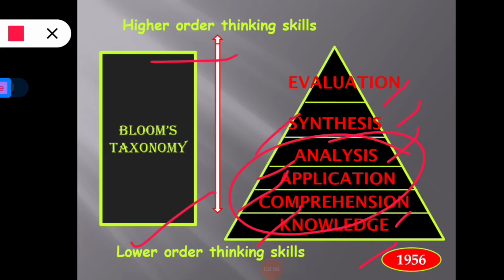The fourth category of Bloom's taxonomy is analysis. Analysis is basically the detailed examination of the elements, and it is a process of breaking down something into its parts to learn what they do and how they relate to one another. After analysis, we have to go to the synthesis category.